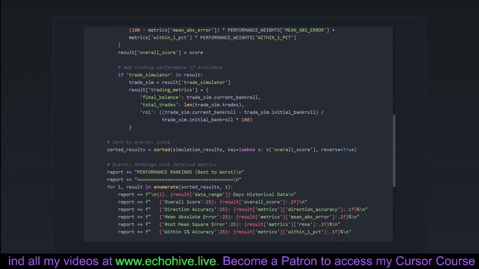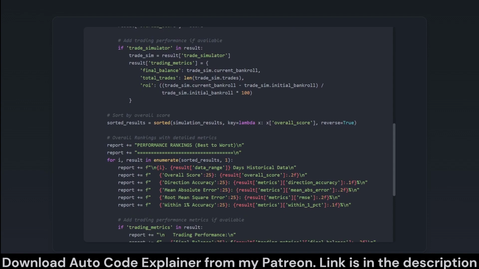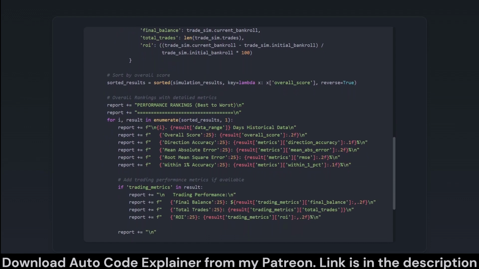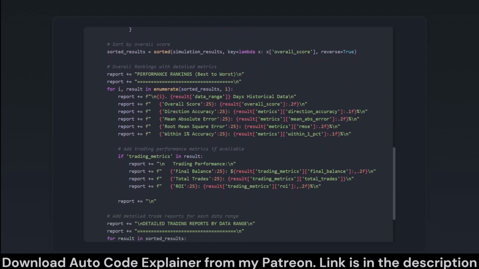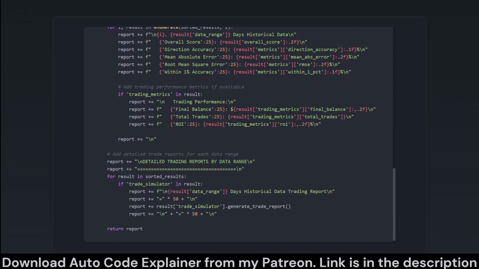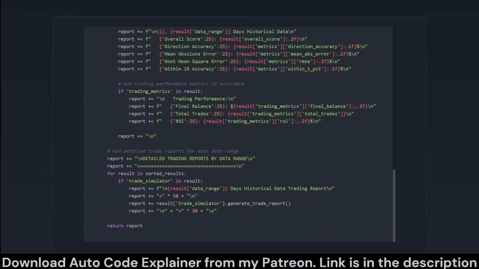Then comes the Generate Performance Report, a function that assembles a detailed report based on simulation outcomes, tracing the journey from prediction to hypothetical wealth, or its potential absence. By synthesizing metrics with weights and calculating overall scores, this function ranks simulations by their perceived performance.